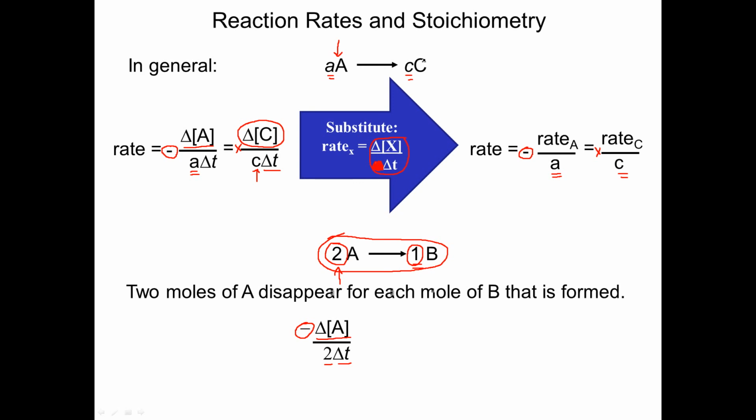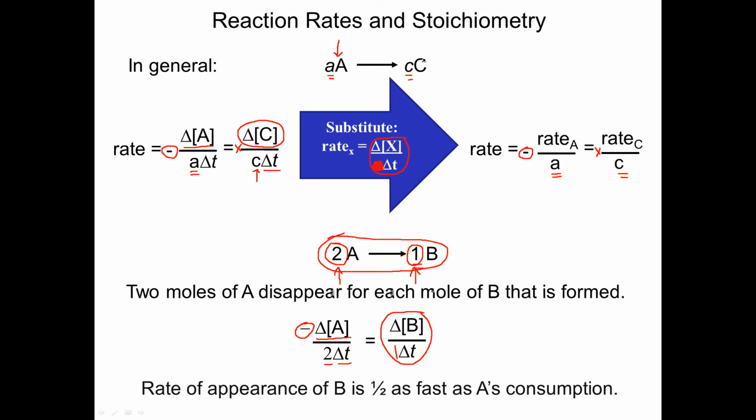We're also going to include the rate in terms of B. Change in B over a change in time, and the coefficient is included, but it's just a 1, so it doesn't show up directly in the rate expression. So, what we can pull from this is that the rate of appearance of B is half as fast as A's consumption.